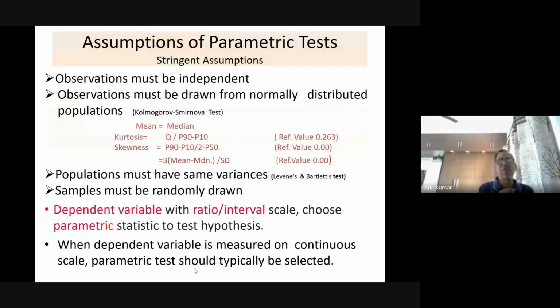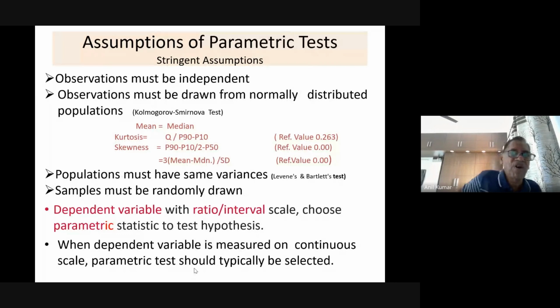Look at now, when we are in the process of using parametric tests, certain stringent assumptions are required to be made. So before data analysis, if you are using parametric inferential statistics, you have to think of various assumptions.